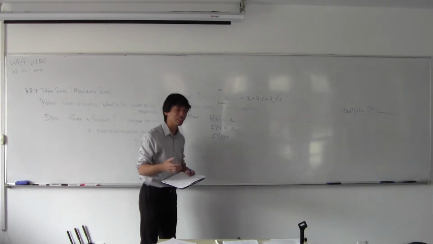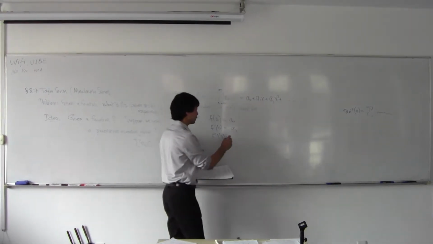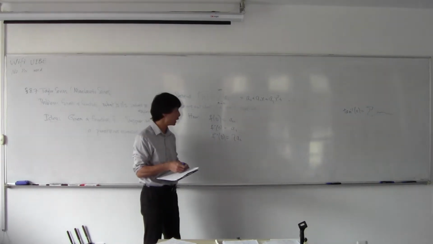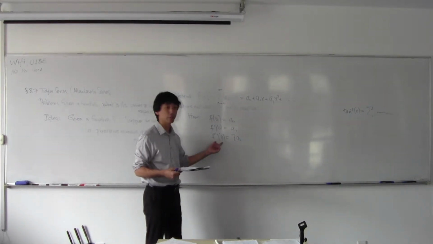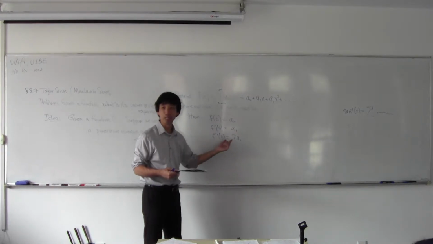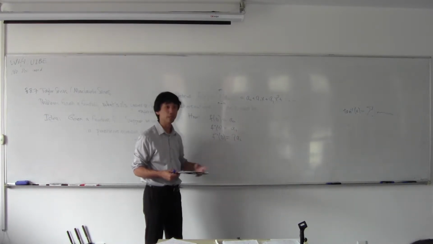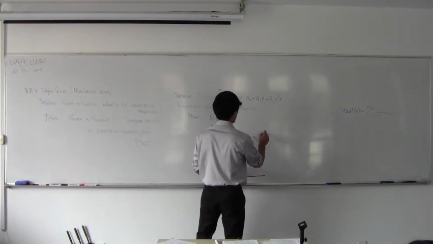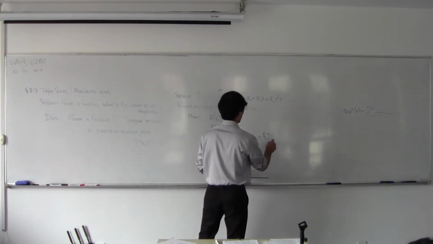You get 2 times a2. You don't get a2, you get 2 times a2. But at least you can figure out what a2 is. You just take the second derivative, evaluate at 0, and divide by 2. So a2 is the second derivative at 0 divided by 2.